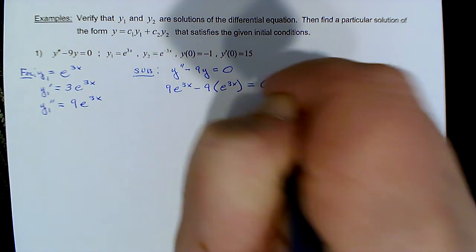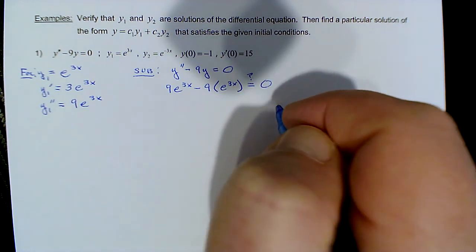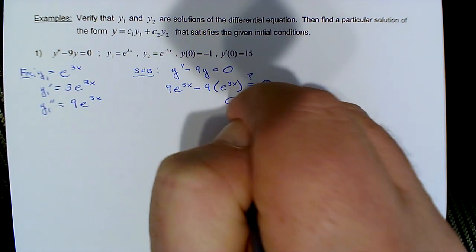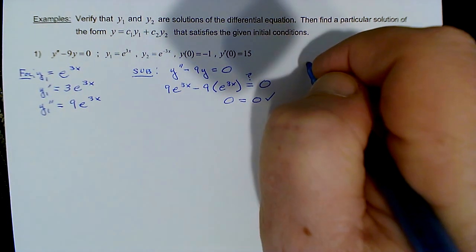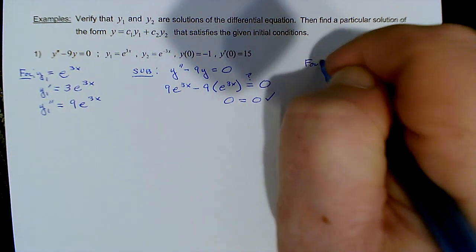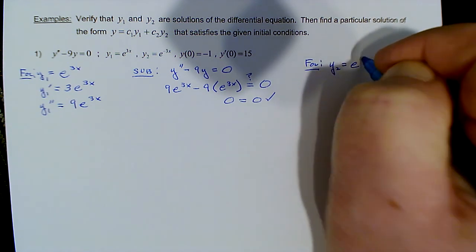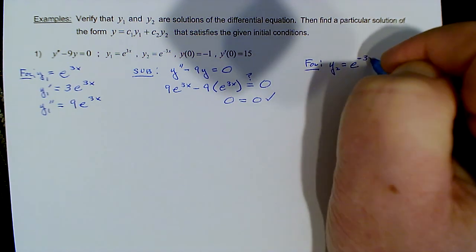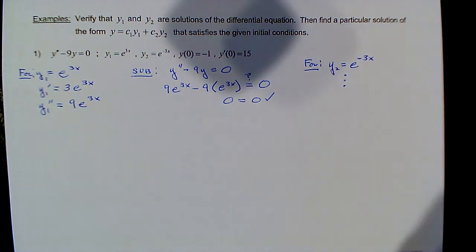And pretty much by inspection we see that's true. We'll put a little question mark on the initial substitution, but you can obviously see that 0 equals 0, so it checks. Alright, so we'll leave you to check y2. That's done in a similar way.